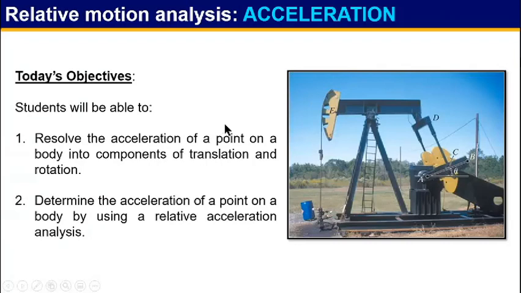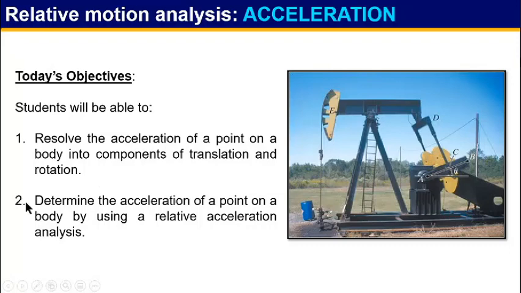Guys, today's objectives: students will be able to resolve the acceleration of a point on a body into components of translation and rotation. So, whenever there is translation and rotation motion, it must be general plane motion.